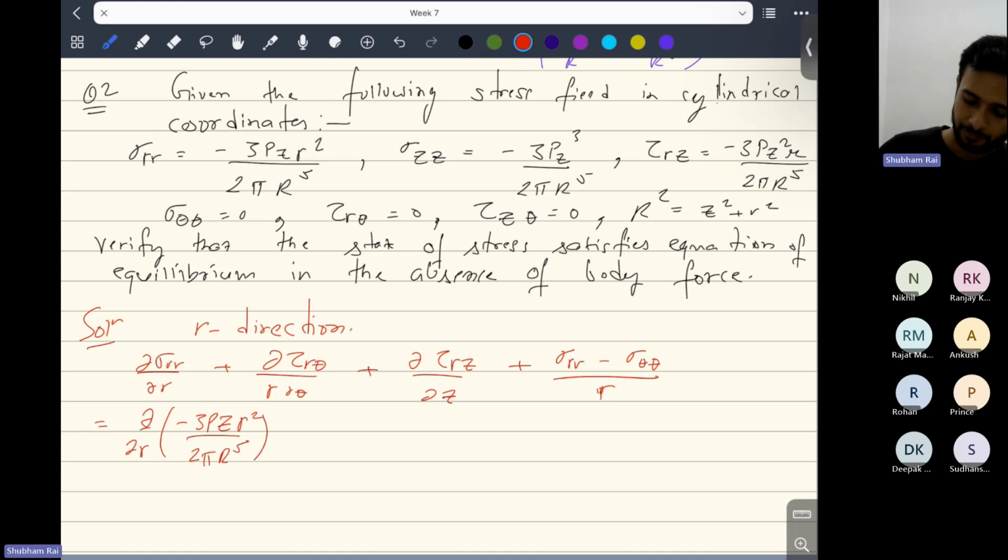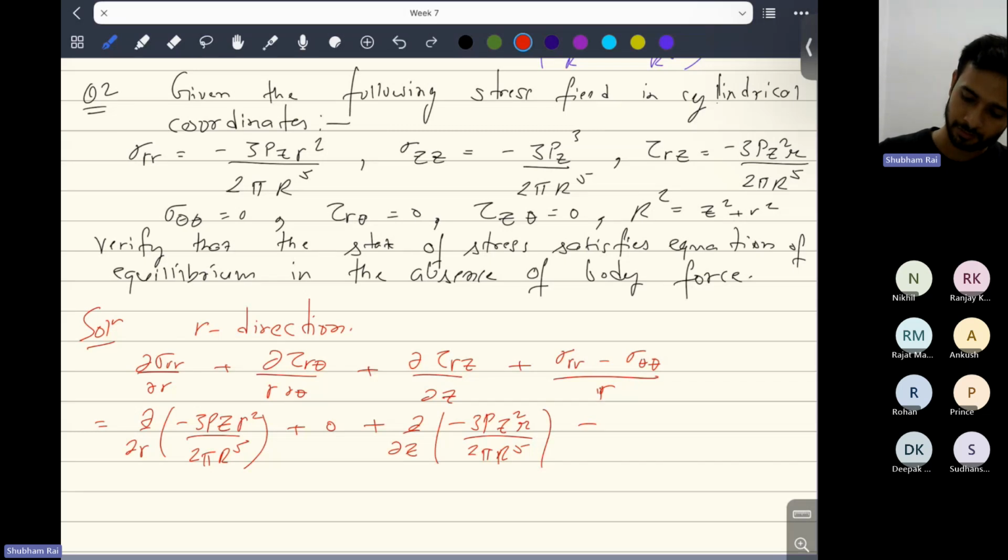So if I do that, we have del by del r, I'm just putting the value of sigma rr. So this will be nothing but minus 3p z r square over 2 pi R to the power 5 plus del tau r theta, tau r theta is 0, so this term will be 0. Then del tau rz, tau rz is given to you, so this will be del by del z, and this will be minus 3 times p z square r over 2 pi R to the power 5 plus, then you have sigma rr by r.